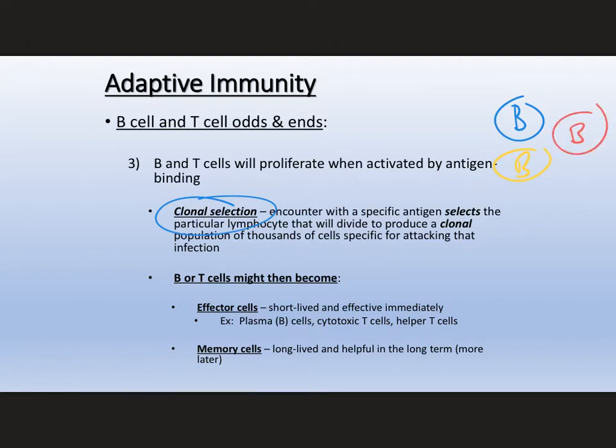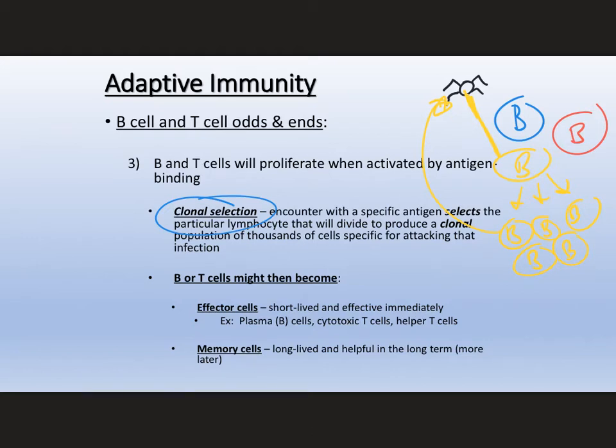Now, when a pathogen comes into your body, so we'll draw just this little bug-looking thing here, whichever B cell is supposed to respond to it, so let's say it binds with the receptor on this yellow B cell, well, your body starts to clone this B cell. So I call it clonal selection. You make a ton of these guys, and the B cells will then be able to attack and get rid of this pathogen.